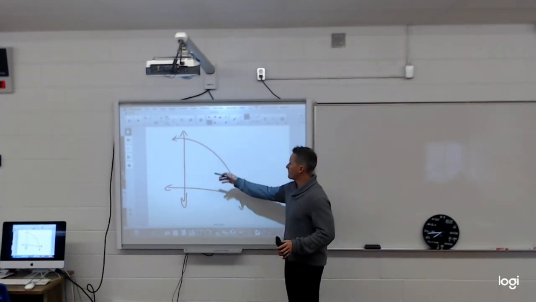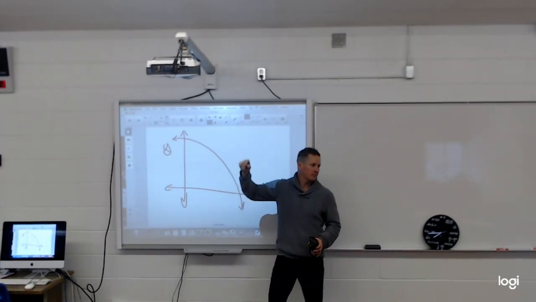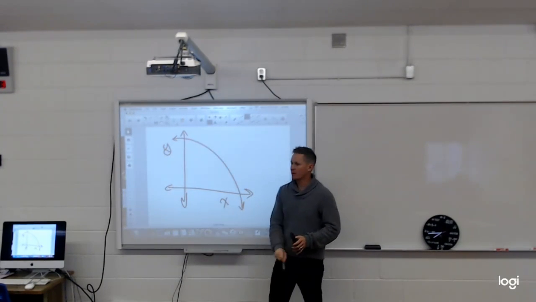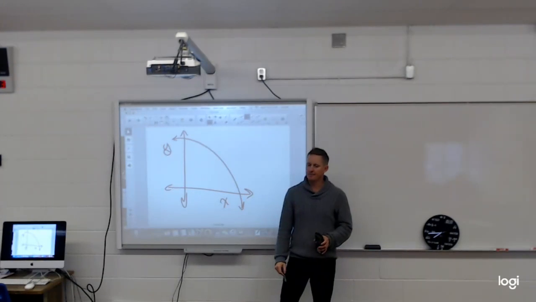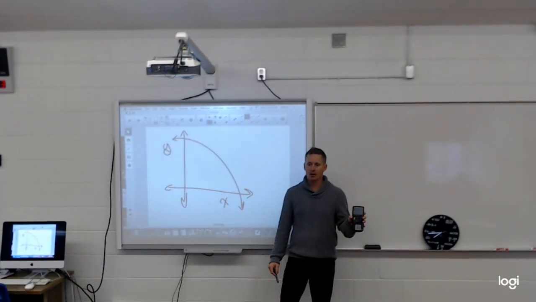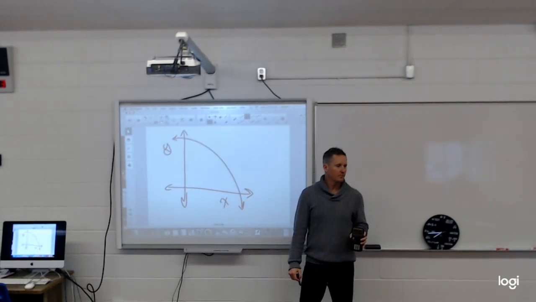Okay, so this is my graph here. My y-axis represents what? Put your calculators down and watch this. The height. What does x represent? The time. So the question says, what is the time when the height is 0? So where on my graph is the height 0?